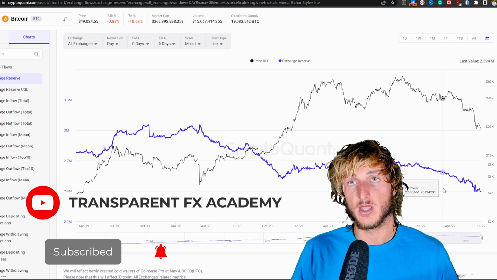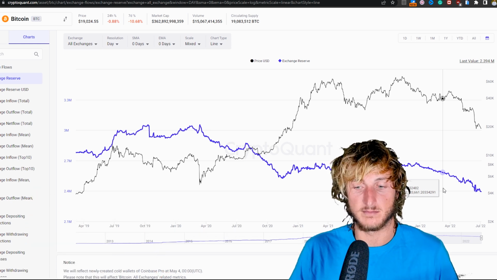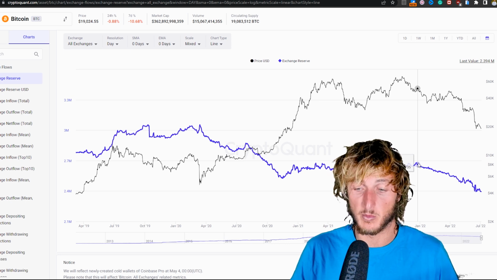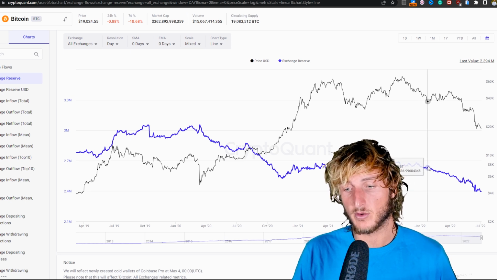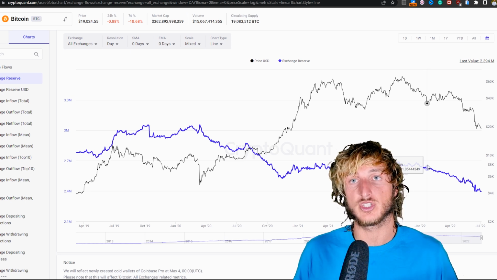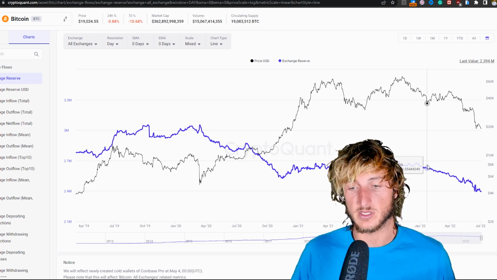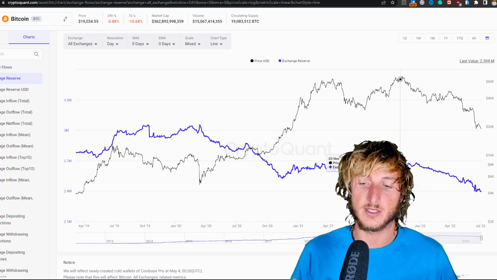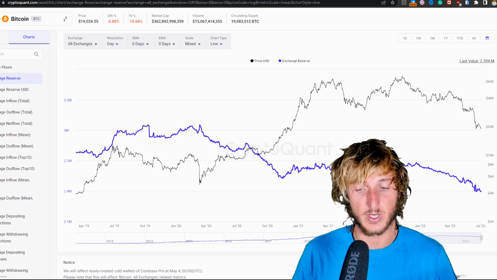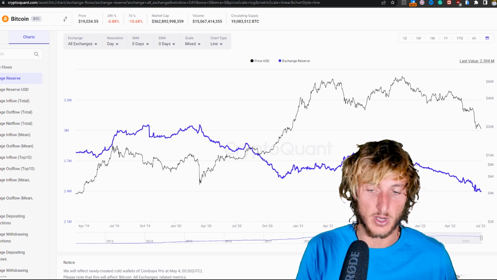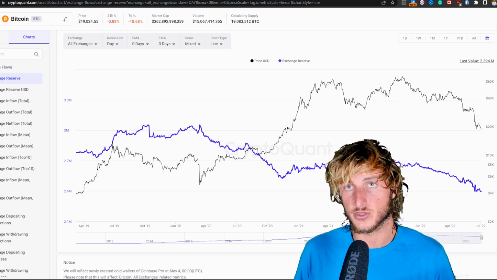And since cryptos like Bitcoin, actually the most famous crypto like Bitcoin, are a distributed ledger, on the blockchain, all transactions can be traced. So software like this traces all these transactions. And what we can clearly see is that all these Bitcoins are getting bought, moved off from exchanges into cold storage.